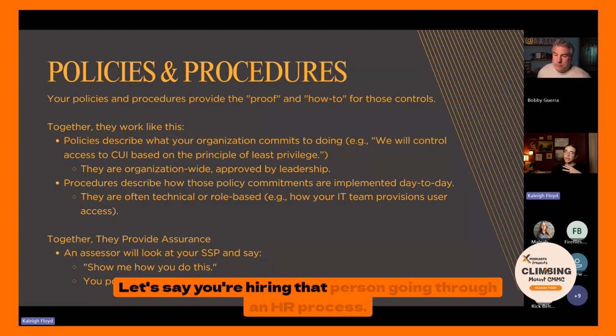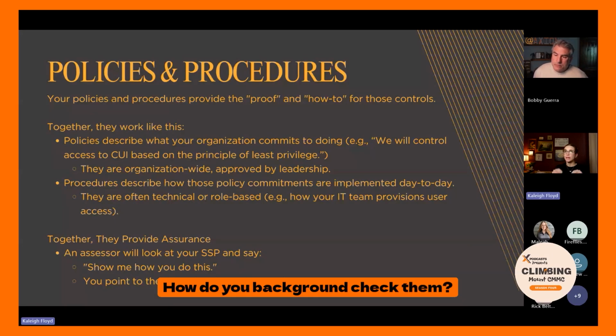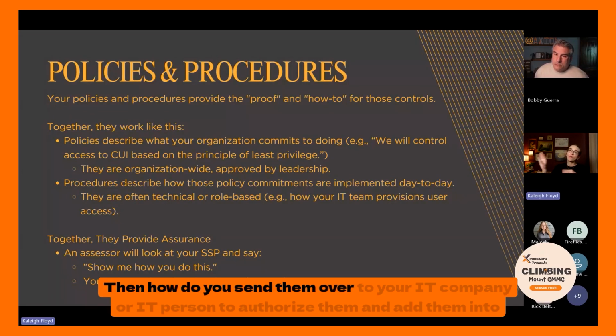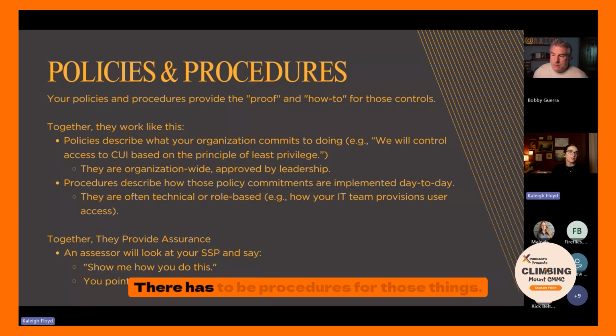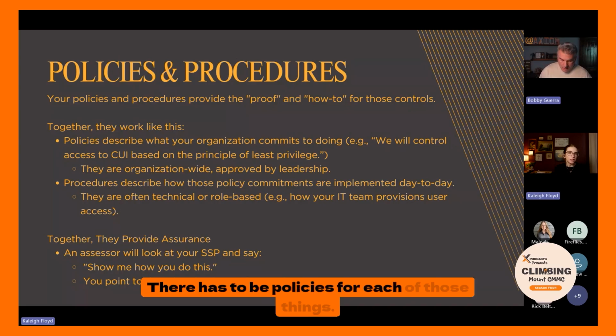Let's say you're hiring that person, going through an HR process. How do you background check them? Then how do you send them over to your IT company or IT person to authorize them and add them into the system? There has to be procedures for those things. There has to be policies for each of those things.